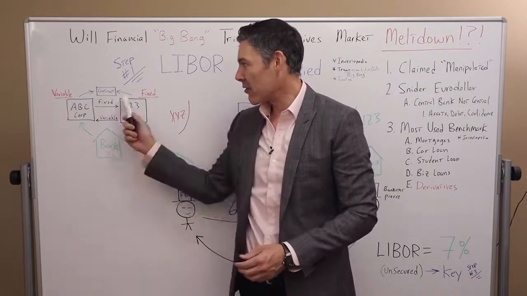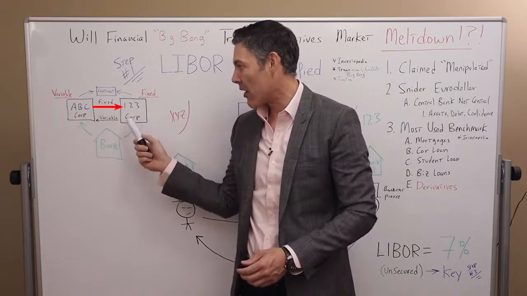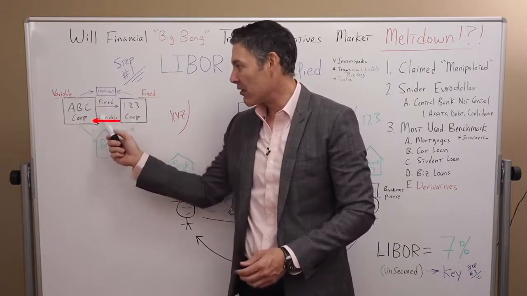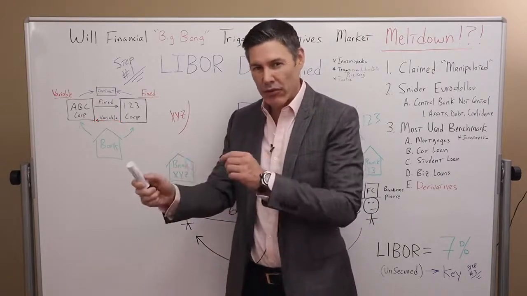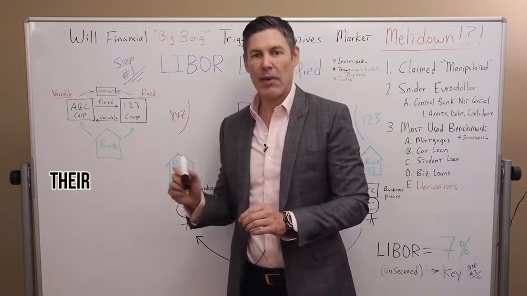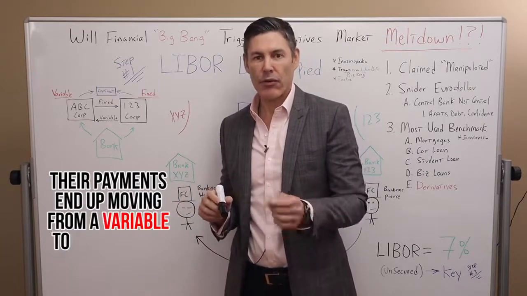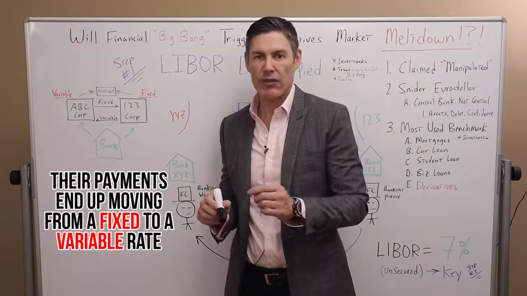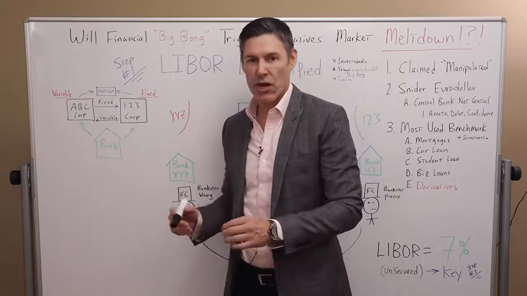So what they do is they set up this contract where ABC pays 123 a fixed amount of money. 123 pays ABC a variable amount of money. They actually don't swap loans, but the net result is their payments actually end up moving from a variable to a fixed rate, or from a fixed rate to a variable. The bank gets right in the middle of this, so I'm sure they're charging fees.